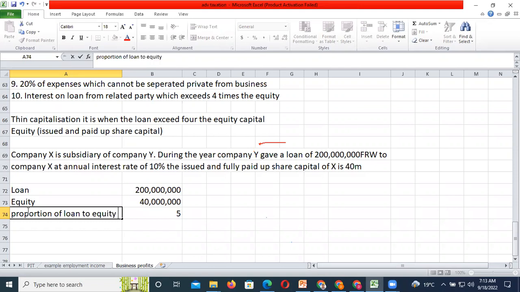So when you need to make an adjustment on this interest, because we are saying that 4 times is allowed, any excess of 4 times is not allowed.